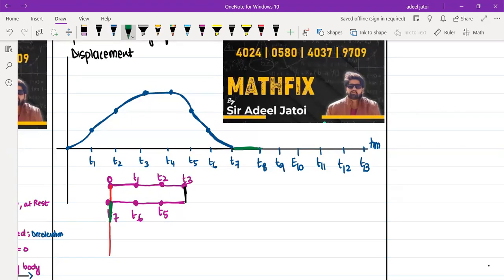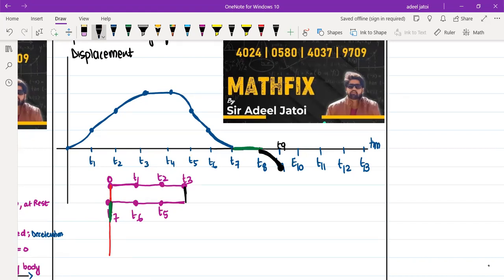And now this body is again moving, but now it is moving with increasing velocity, but in the negative direction. So that means acceleration is in the negative direction. So it is like this, right? So this is your negative direction, T9.